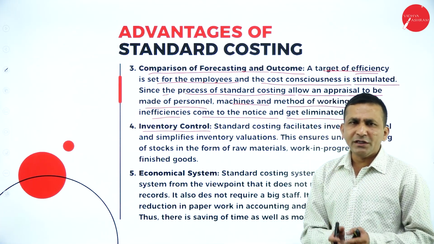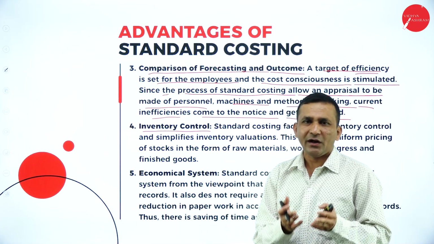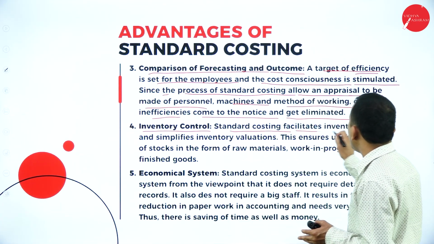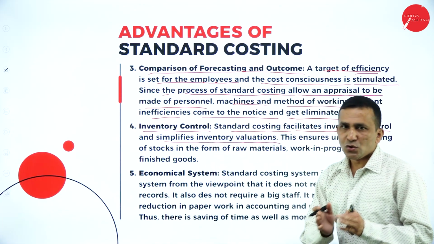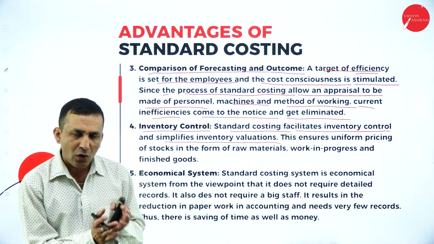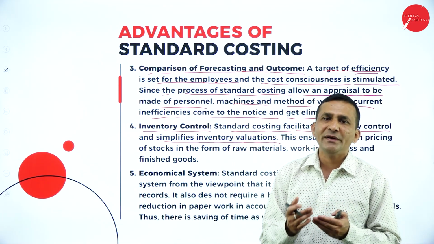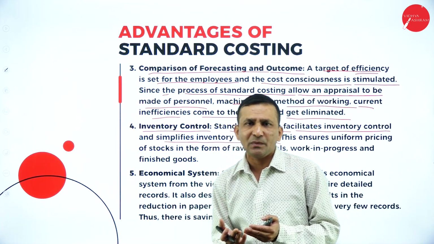Obviously, the same benefit we find in usage, inventory control will also happen properly here, because standard costing facilitates inventory control and simplifies inventory valuation. The inventory plays a very important role in production. So you want to evaluate the stock in a timely manner. If there is a shortage, we place an order with the supplier.